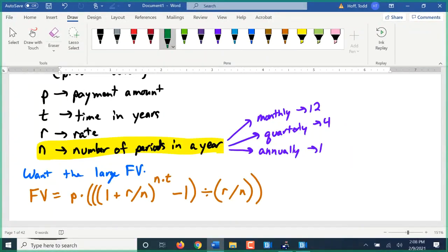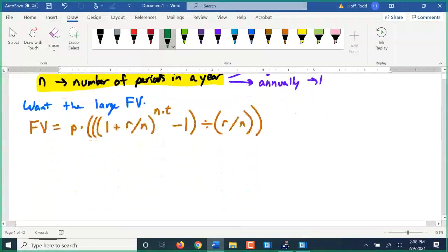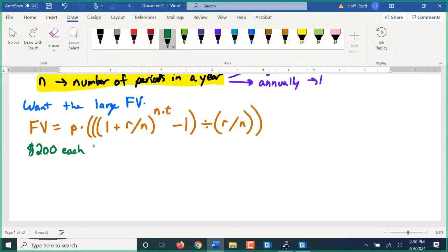Well, this kind of goes back to what we were doing yesterday. Let's say you're going to have $200 a month from your paycheck invested in an account that is going to earn, even if it's just 6%.